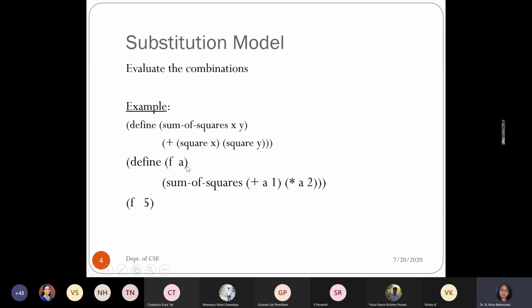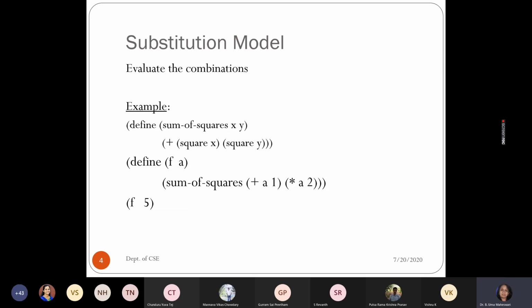Now as a computer engineer, you have to know the internal functions of the interpreter or a compiler. So how is Lisp going to act on it by the substitution model? Actually it follows the substitution model, but there are other models as well. According to this model, what will the Lisp interpreter do?